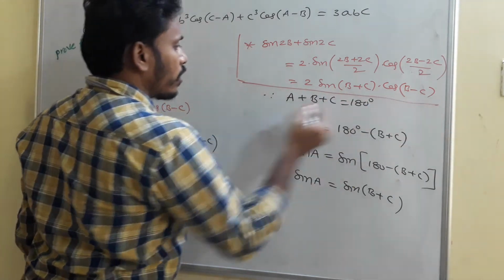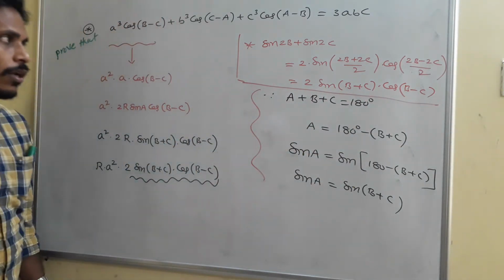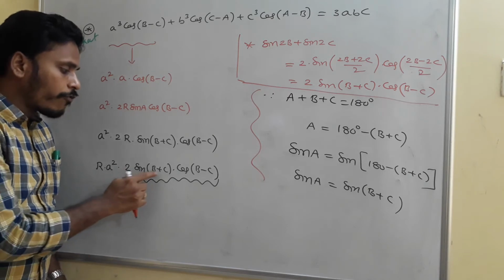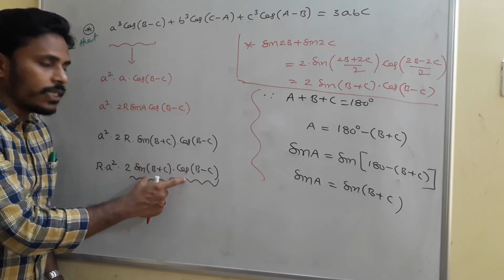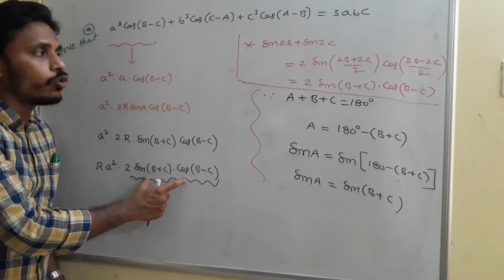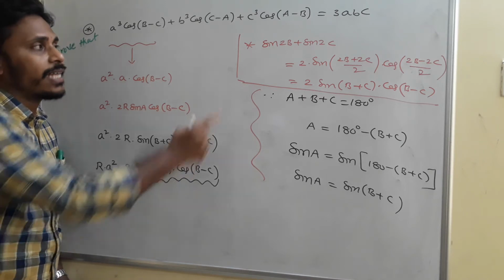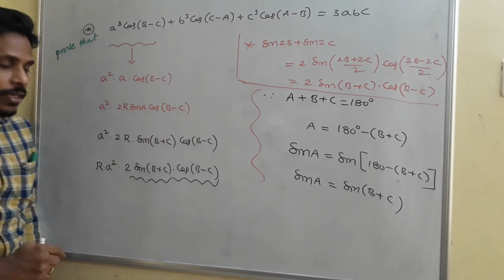So we rewrite 2 sin(b plus c) cos(b minus c) as sin 2b plus sin 2c.